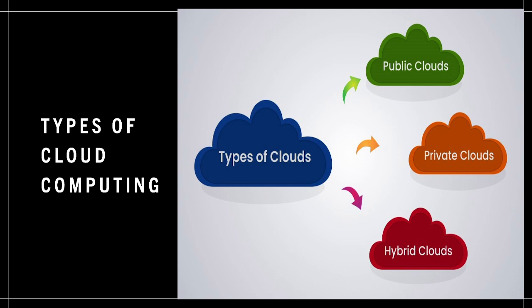Private cloud is dedicated to one organization, offering more control and security, great for sensitive data. And hybrid cloud combines both public and private cloud, giving businesses the flexibility to balance cost and scalability.